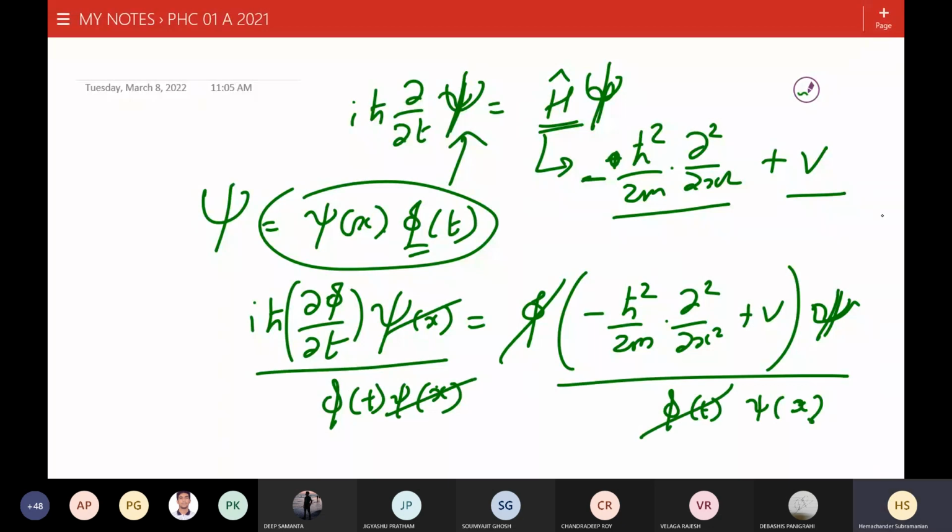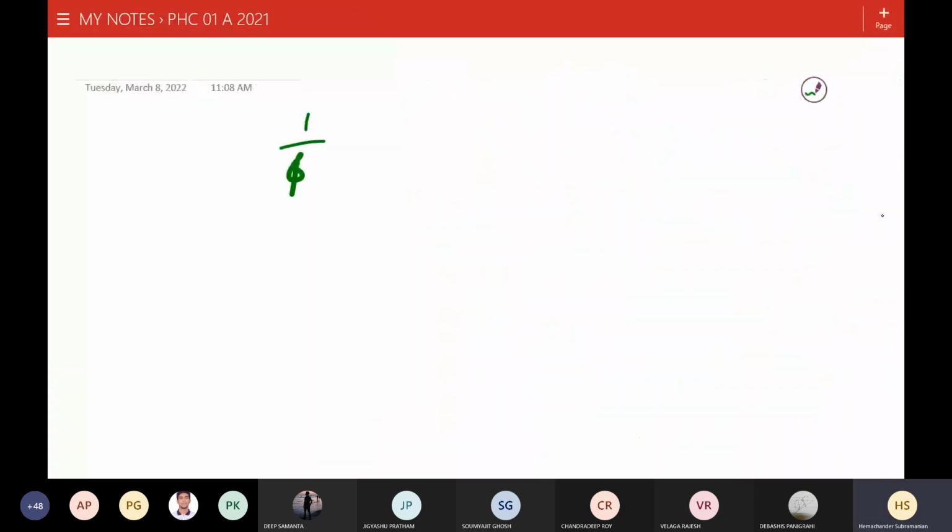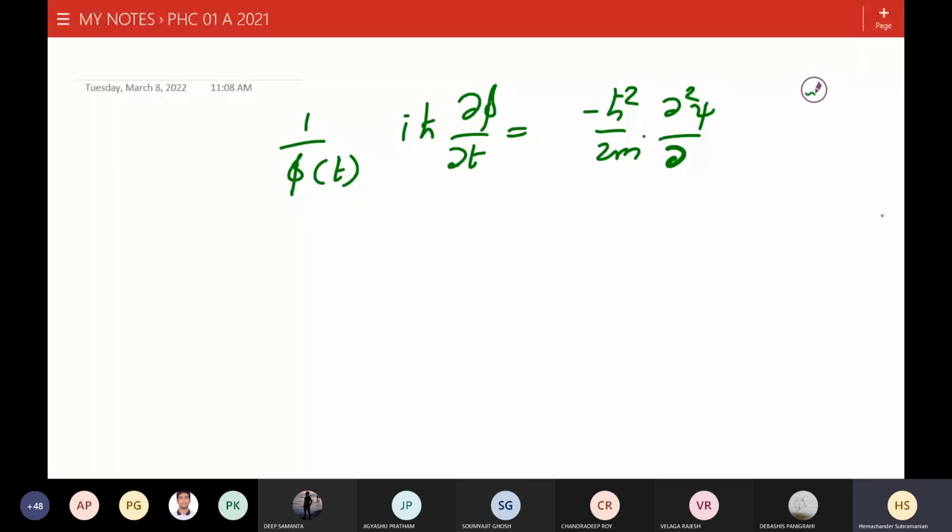What you get is basically 1 over phi of t times i h bar dou phi by dou t equals 1 over psi times minus h bar square over 2m dou square psi by dou x square plus V psi. So far so good.